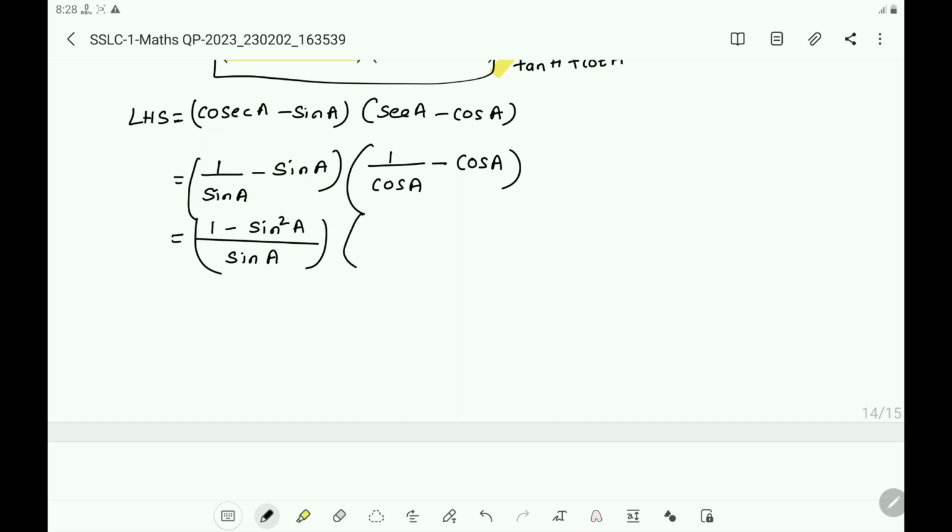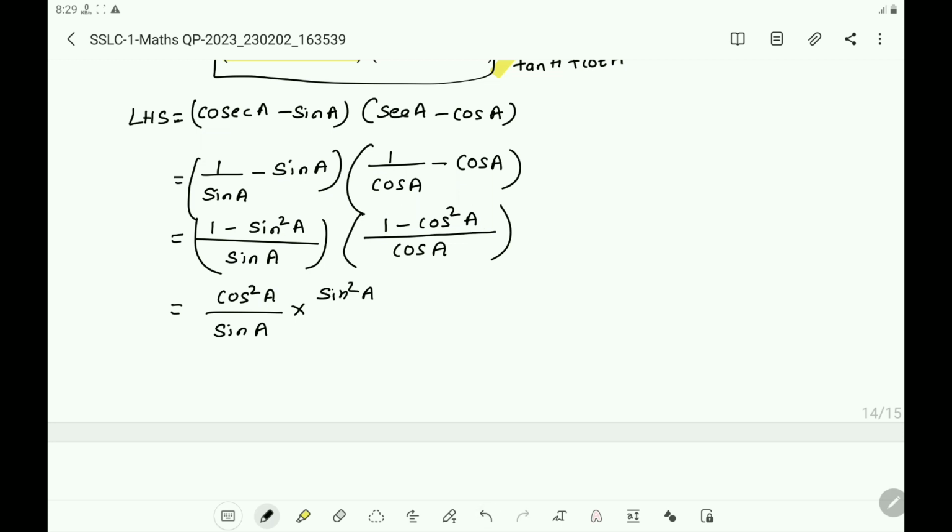And in the other bracket, here the LCM is cos A. Numerator becomes 1 minus cos A into cos A is cos square A. That equals 1 minus sin square A is cos square A by sin A into 1 minus cos square A is sin square A.